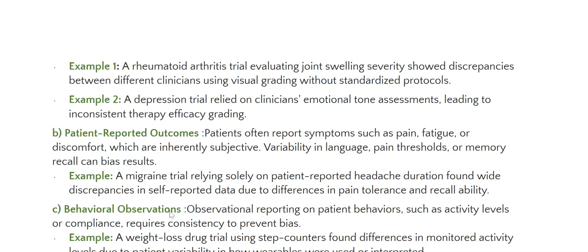Behavioral observations. Observational reporting on patient behaviors, such as activity levels or compliance, requires consistency to prevent bias. For example, a weight loss drug trial using step counters found differences in monitored activity levels due to patient variability in how wearables were used or interpreted.